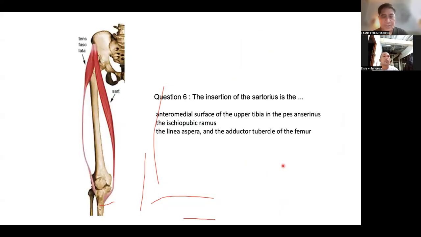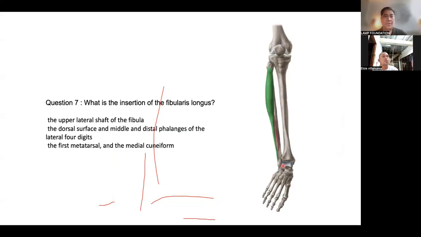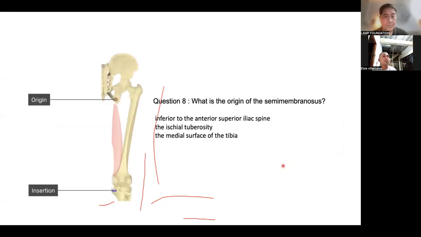Insertion of the sartorius. Anteromedial surface of the upper tibia in the pes anserinus. Insertion of fibularis longus. The first metatarsal and the medial cuneiform.